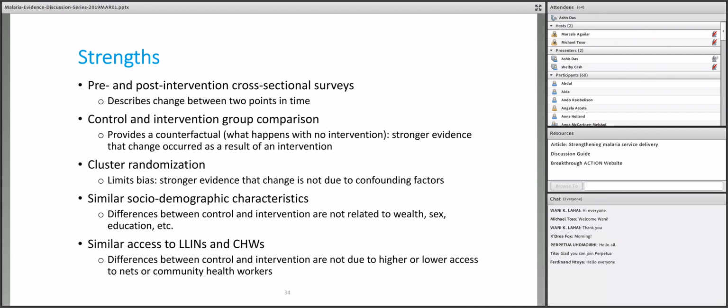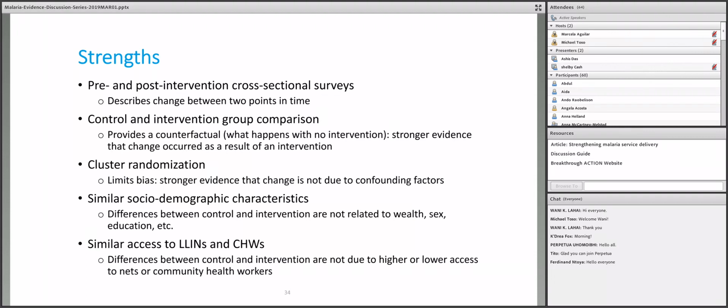And the randomization here was performed at the cluster level, so it reduces bias in terms of selection, in terms of other confounding factors. And as we saw from the baseline analysis, we don't have this on the slides, but it is in the paper. There were not significant differences between the arms related to socio-demographic characteristics.